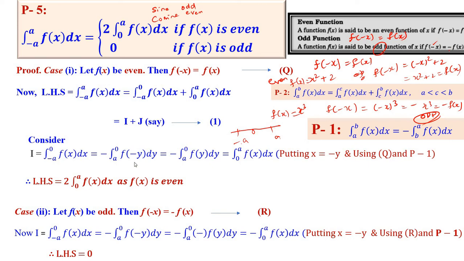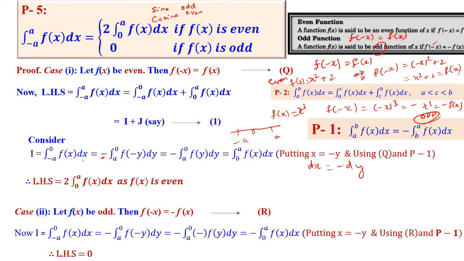So you have a minus sign. Why does this minus sign come? Because you are replacing x by minus y, so that dx will be equal to minus dy. That is why you get the minus sign here, and f of minus y.